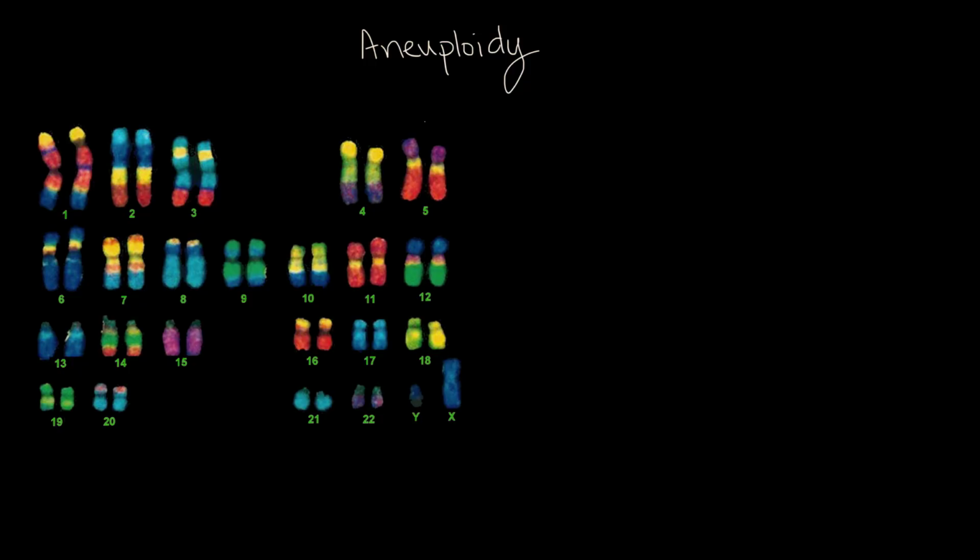And this is a continuation on our lectures of genetic diseases. So this is another scary kind of medical term, but I'll break it down. So aneu means the wrong number.